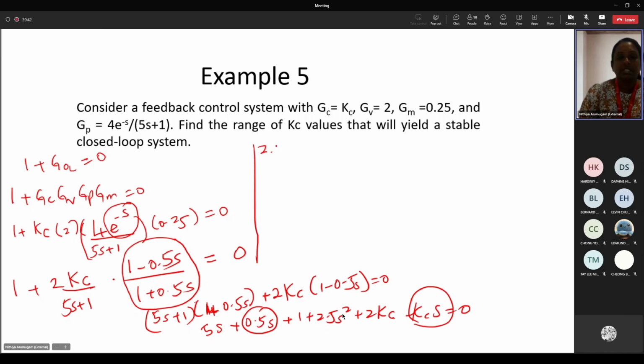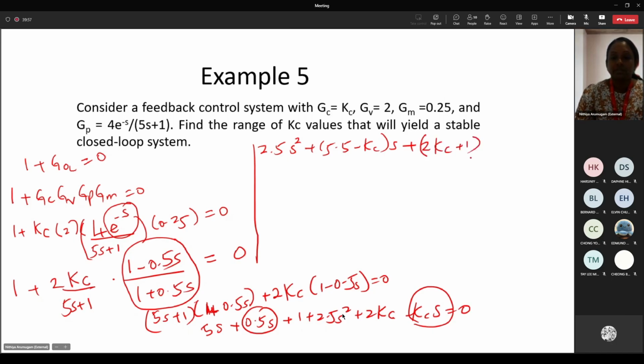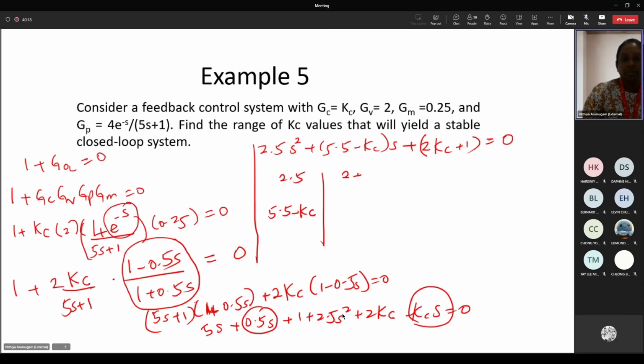So we can rewrite this equation as 2.5 s squared plus (5.5 minus Kc) s plus (2 Kc plus 1) equals to 0. So everything is in terms of s. We can group that: 2.5, here will be 5.5 minus Kc, and here will be 2 Kc plus 1.